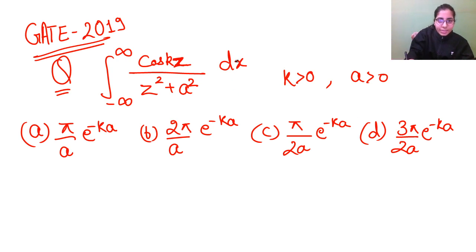Everything will be in terms of z, so if these terms are in terms of z, that will also be dz.